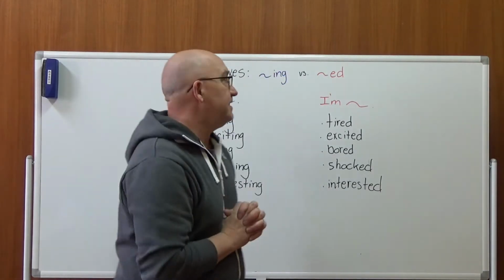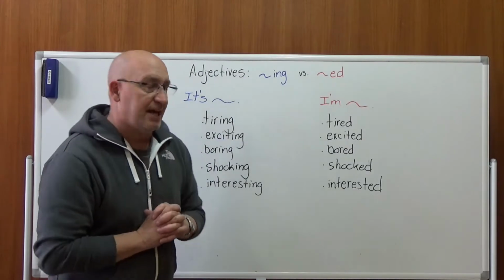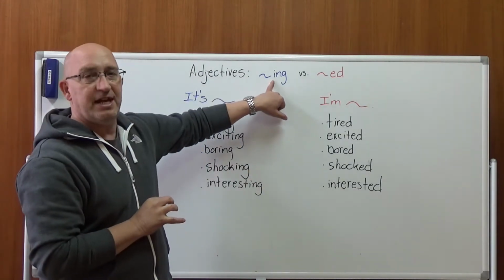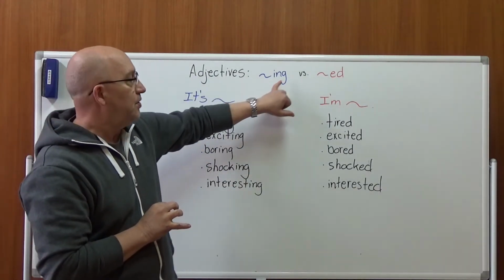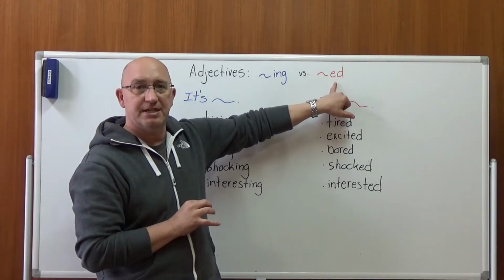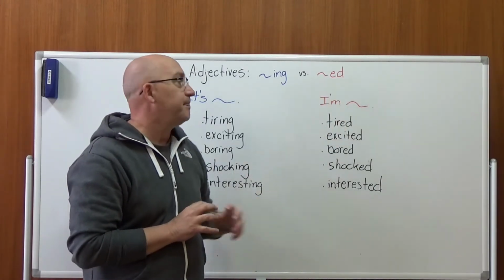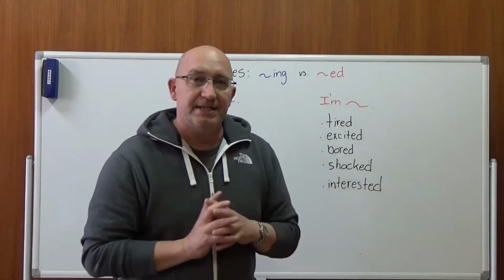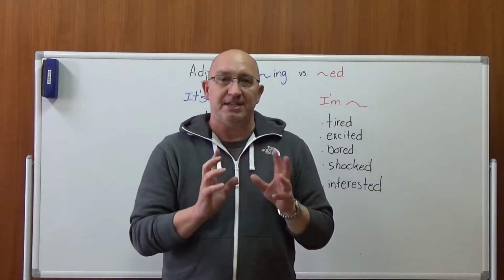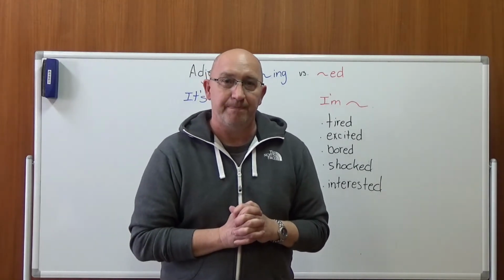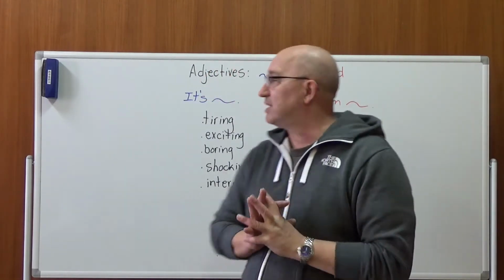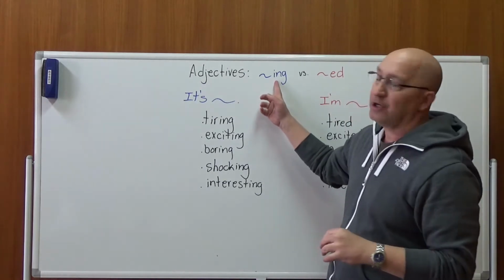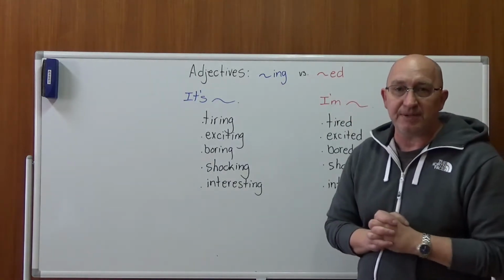The adjectives that we're going to discuss today will use the ending of ing or the ending of ed. Many of these words you already know, but sometimes people make a mistake when they use these words. Well, let's take a look at our list of the adjectives ending in ing.